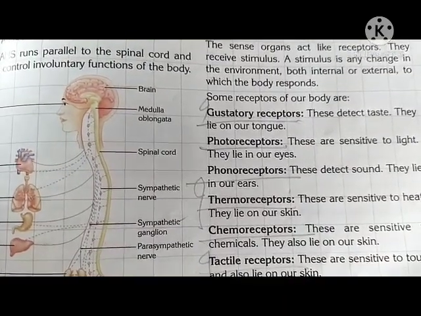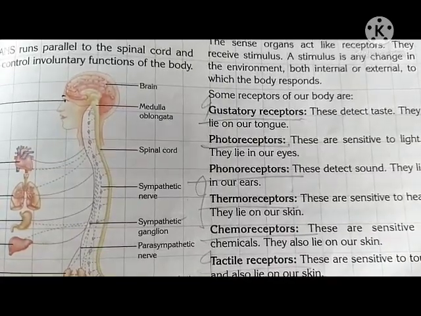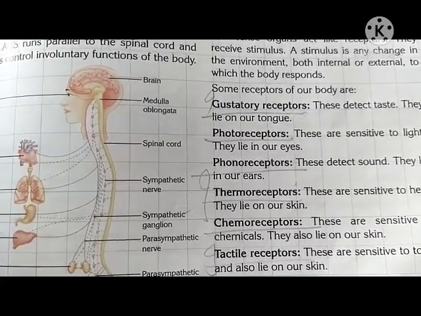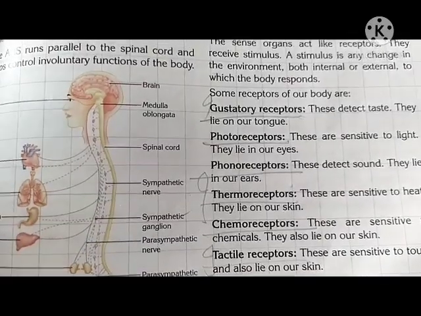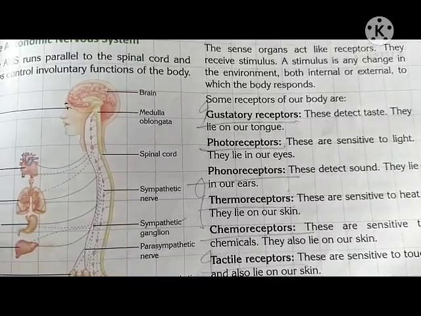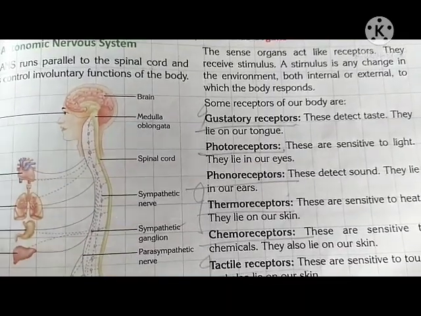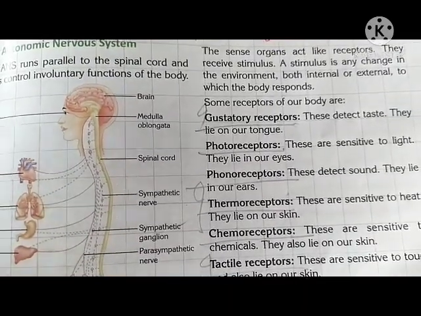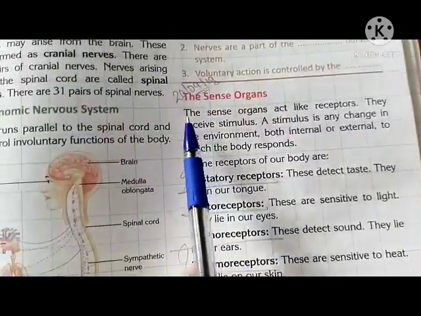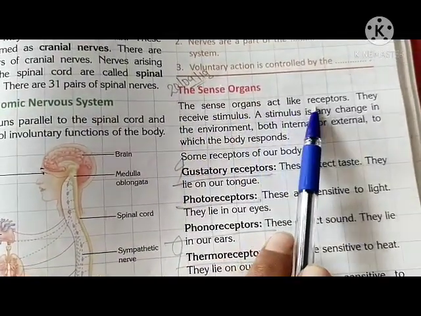When we were children, we studied that these 5 are our sense organs. Here we will study the scientific way to call the sense organs by their name. Here you can see the sense organs act like receptors.